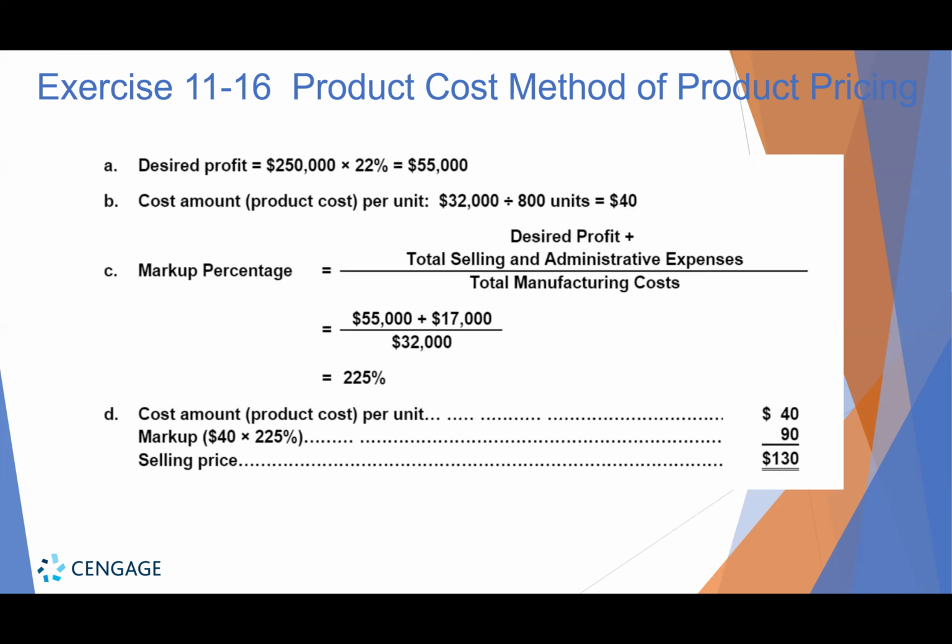So we want a profit of $55,000. So the cost is $40 per unit.